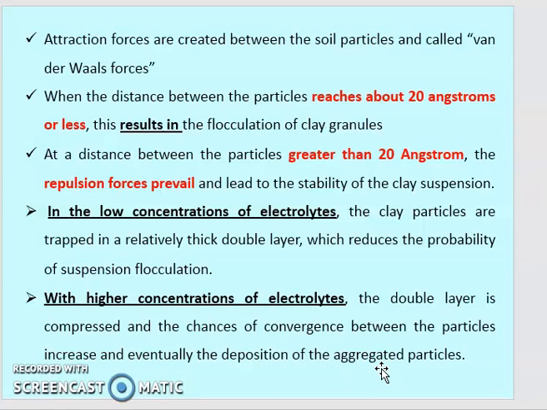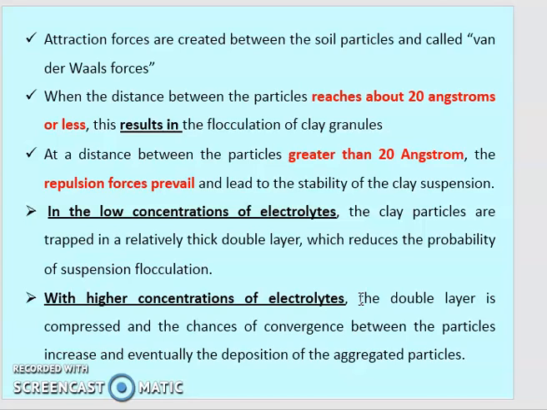This means that if you have a suspension of soil in a cylinder, for example 10 gram or 50 gram of clay soil in a 1 liter cylinder, and put 1 liter of water, shake, then you will observe that the clay particles are suspended in the cylinder.